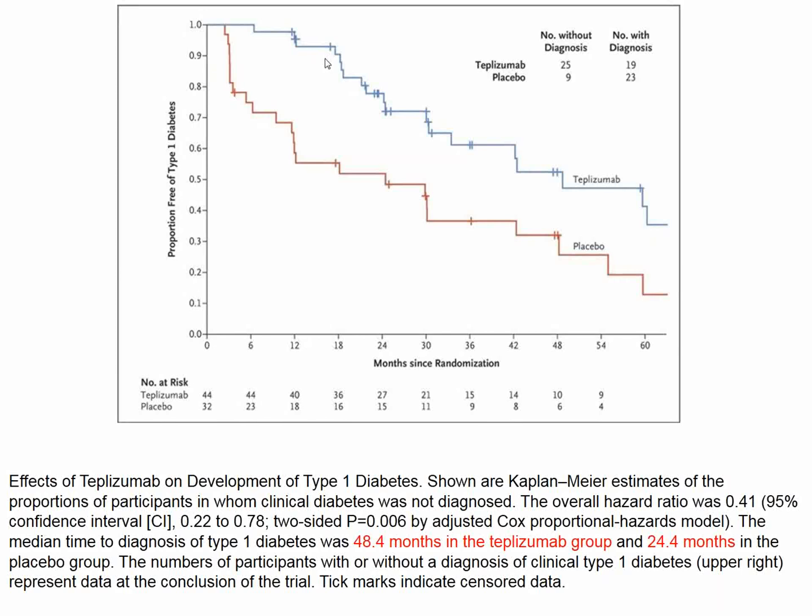So the implication is that teplizumab in these high-risk individuals might at least inhibit the development of type 1 diabetes.